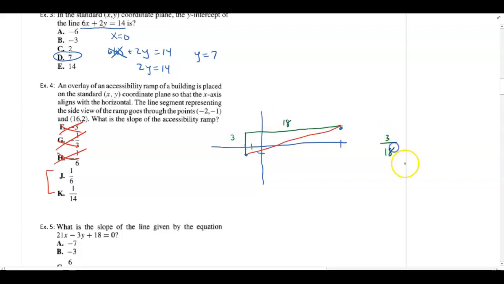So 3 over 18 simplifies to 1/6, letter J. But if you know you're just finding the slope, use the formula. Y minus y over x minus x. -1 minus 2 over -2 minus 16. That's going to give me -3 over -18. A negative divided by a negative is positive. That simplifies to 1/6, which would be letter J.